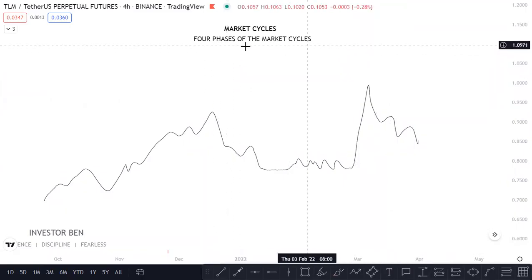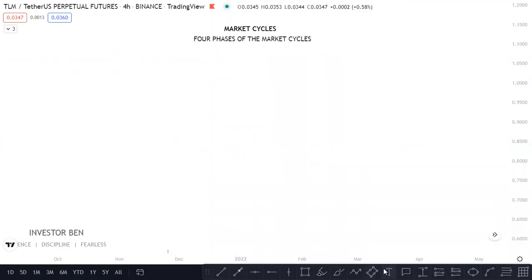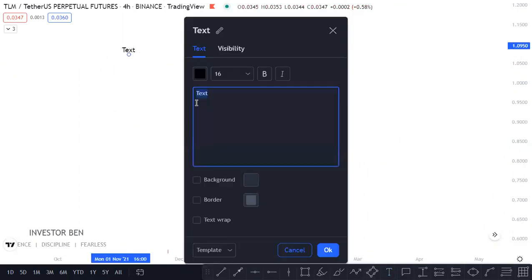Now, when we talk about the four phases of the market cycle, we are trying to look out for the phases at which everything in the market occurs. That brings me to the first phase, which is the accumulation phase. Then you have the second, which is the markup phase. The third is the distribution phase.